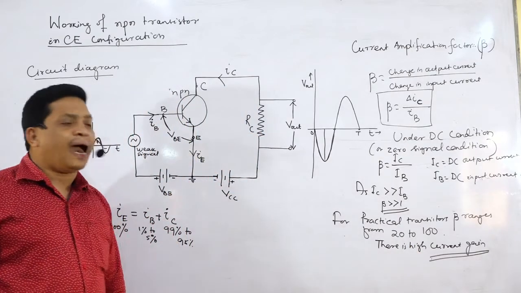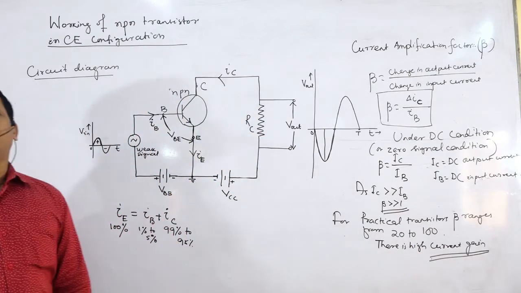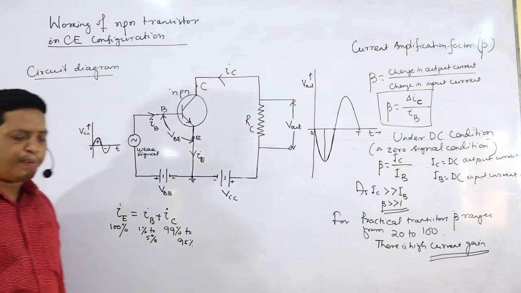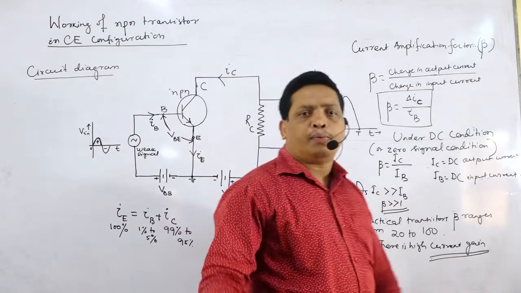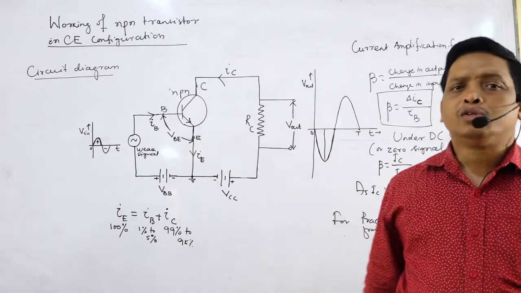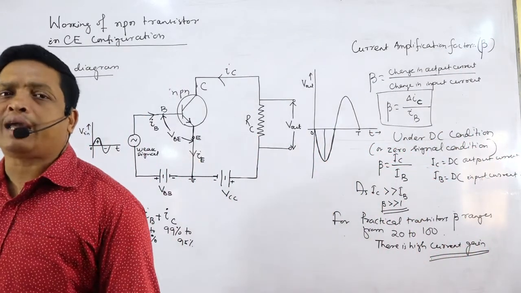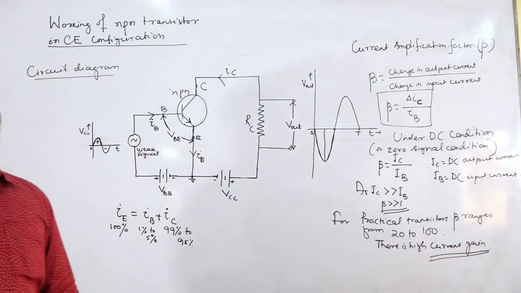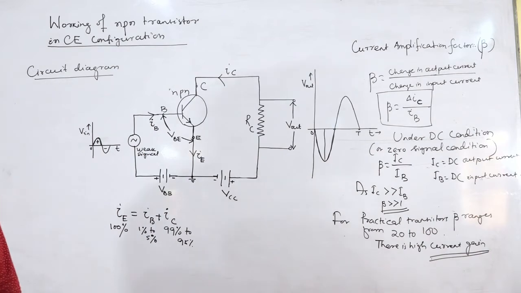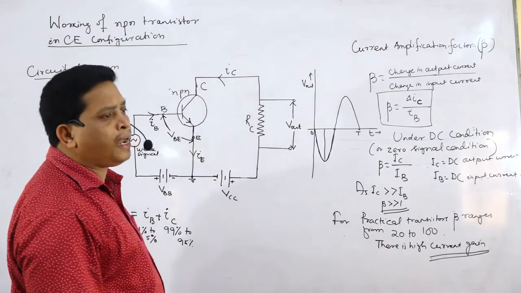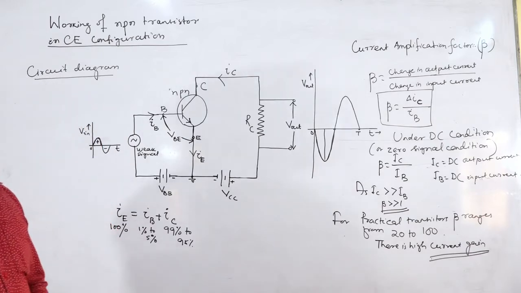Because of high current gain, there is also high voltage gain and also power gain, because power gain is the product of voltage gain and current gain. So in the common emitter configuration, current gain, voltage gain, and power gain, all three are very high.